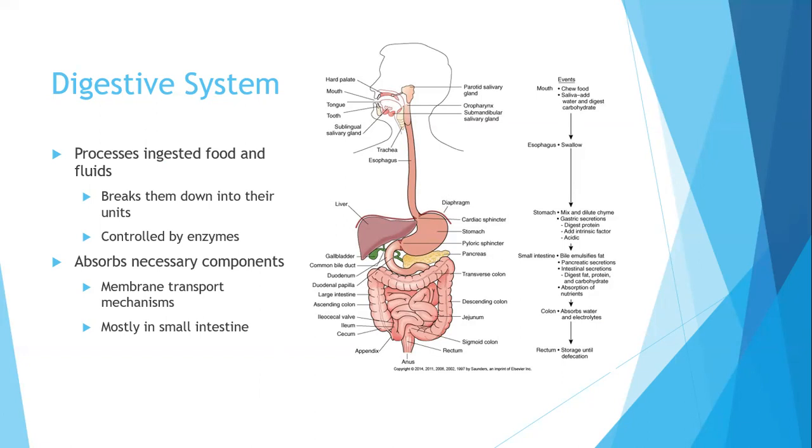The digestive system absorbs those necessary components that we need for cellular metabolism and just keeping our body going. There are membrane transport mechanisms that get the nutrients into the bloodstream, and those are mostly in the small intestine. And then the reabsorption of water and electrolytes happens mostly in the large intestine.